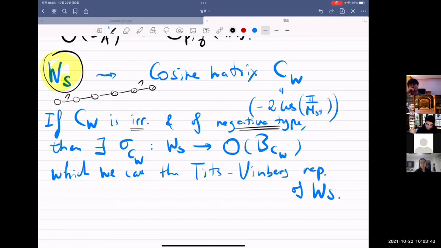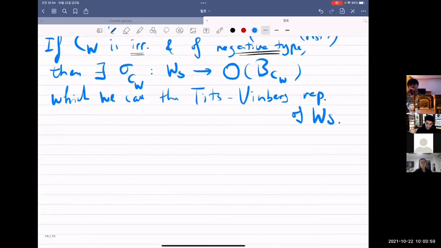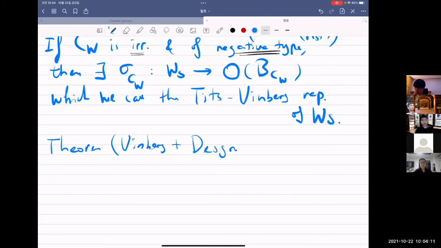But as you remember, when I talk about the Anosov representations, then we need to know when the representation is convex co-compact, right? Now I think we have more general theorems for those, but at least the beginning version is the combination of the Vinberg plus the de Groot and Hangulun's.